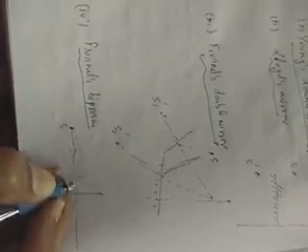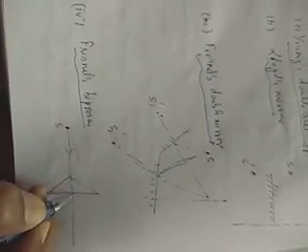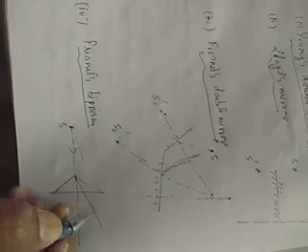Source S is placed somewhere here, and the light moves from this point, and the light at this point is refracted like this by the prism, and it seems that it is coming from two different imaginary sources, s1 prime and s2 prime, somewhere here. We will be discussing all these in the coming chapter, right?